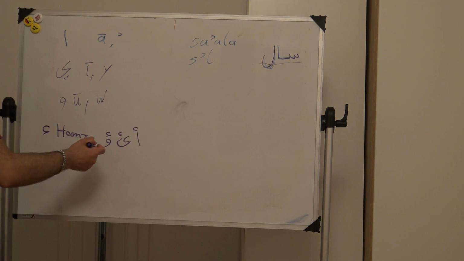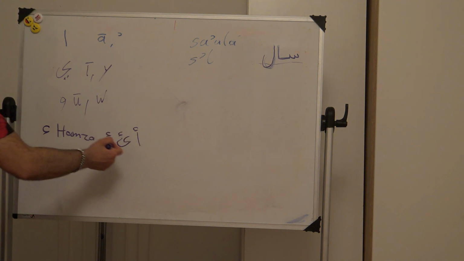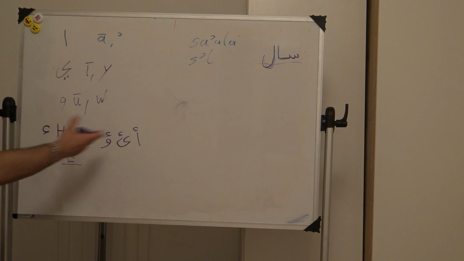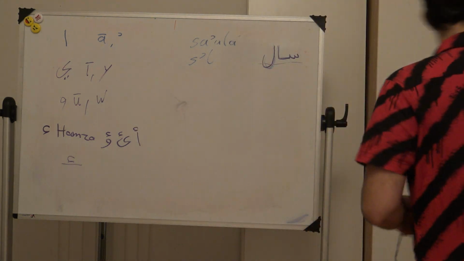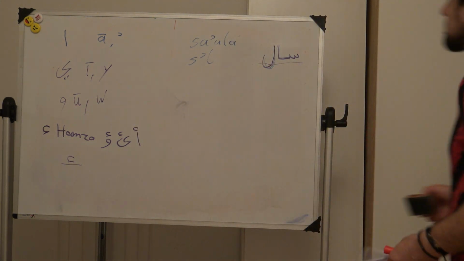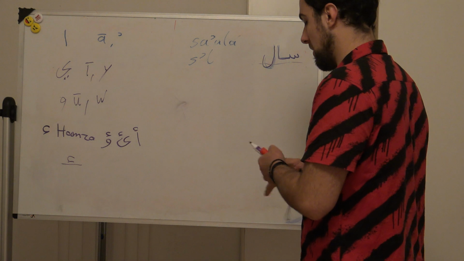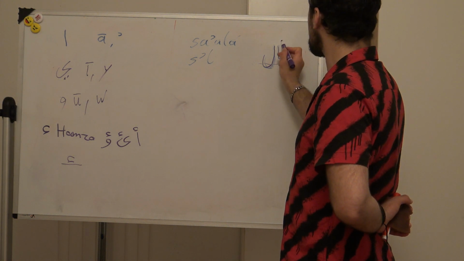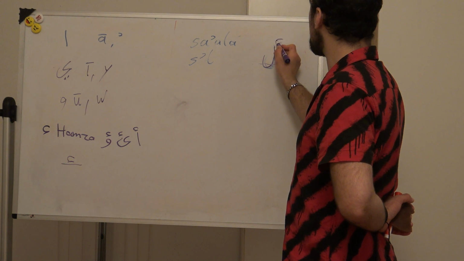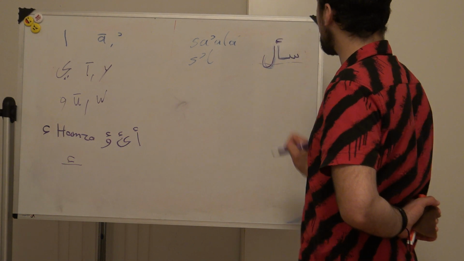So it likes to take the Alif or Ya or Waw as a chair to sit on. And now we must look at some rules. First, at the beginning of the word. By the way, Sa'ala, now we must write it the correct way, like this. We must write the Hamza, now it's correct.